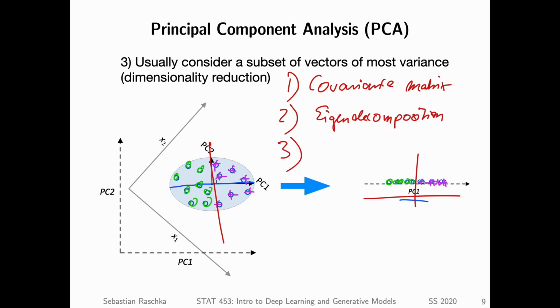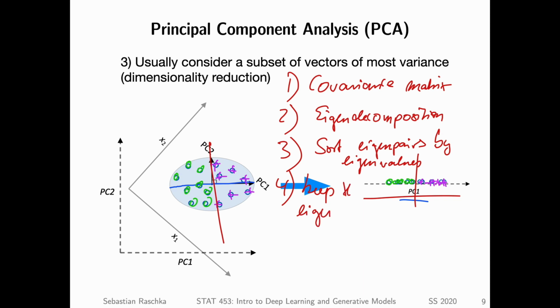And then you sort the eigenpairs by the eigenvalues, and then you keep the eigenvectors with the highest eigenvalues. So these are the directions where you have most of the variance. And yeah, this is just principal component analysis in a nutshell.